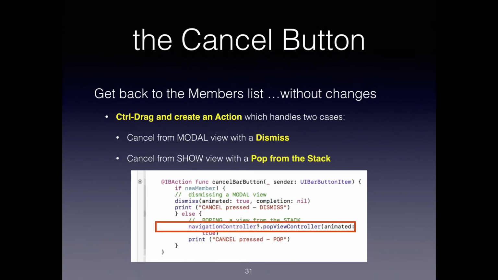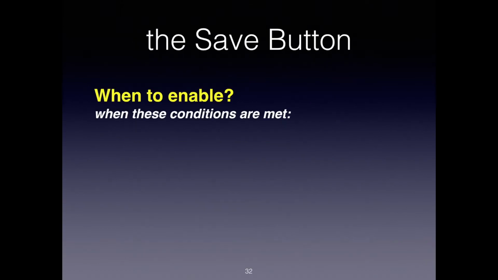And if it's not a new member, we're using the property of member to determine whether or not it's a new member. If it's not a new member, since that view got there as a show, we're going to pop it off the stack. Next thing, we want to be able to also make saves.